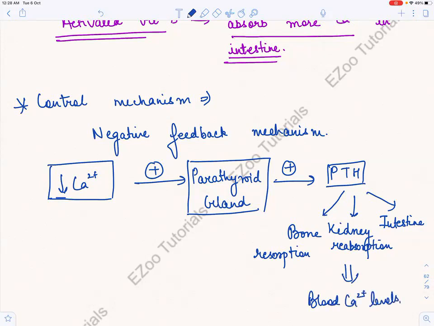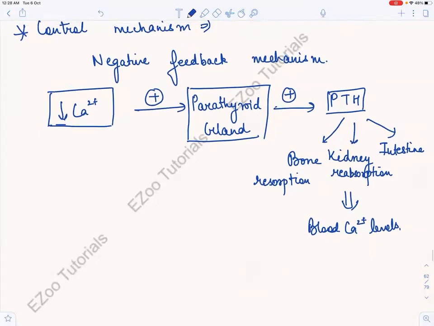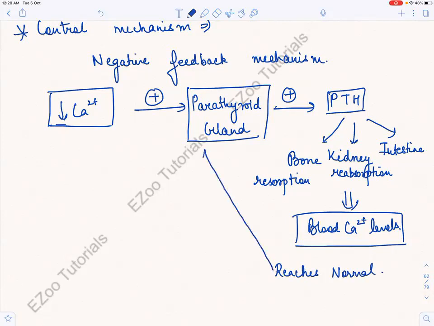Now, if the blood calcium level keeps increasing, it has to be controlled. It cannot just abnormally rise. What will happen when the blood calcium level reaches normal? There will be a negative feedback to the parathormone, saying enough, stop now. We don't need more of this, and this whole thing will stop.